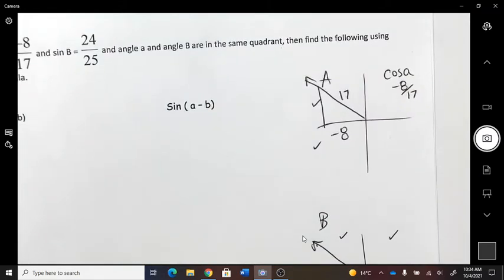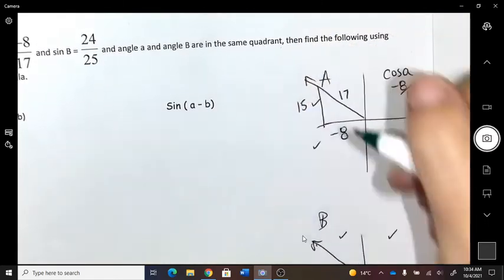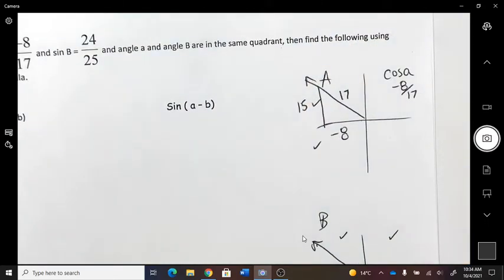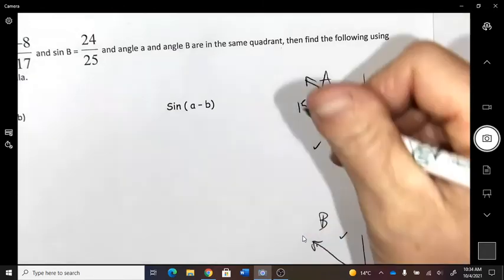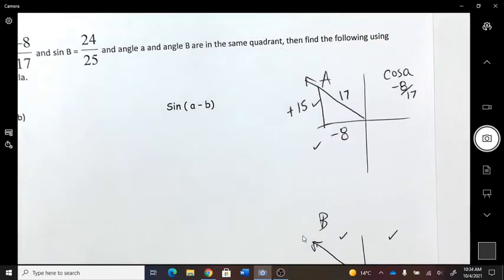X and R. Cos is X and R. And has anybody done that? Is it a 15? Pythagorean 15, is it a positive or negative? Positive, right? Because it's up.